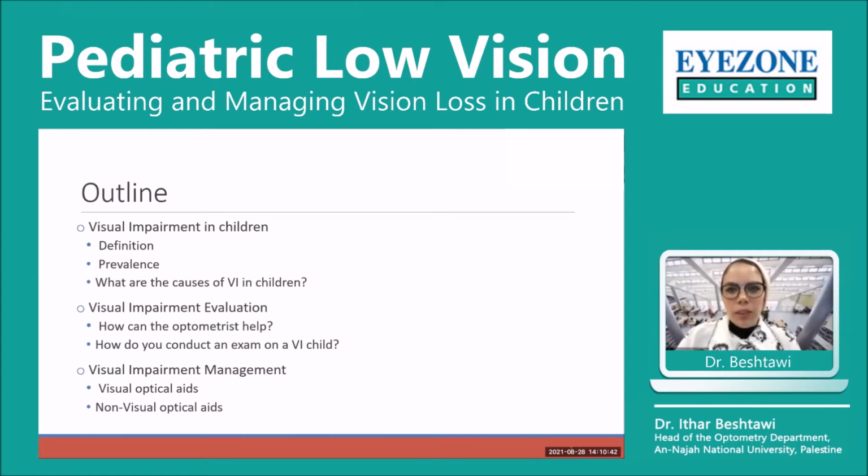The second part, we will talk about how to perform the visual assessment in children, and it will highlight the most common signs of visual impairment in children that we need to pay attention to. And in the final part, we'll talk about the visual and non-visual optical aids that might be prescribed to school-aged children to help them use their remaining vision to the maximum potential.